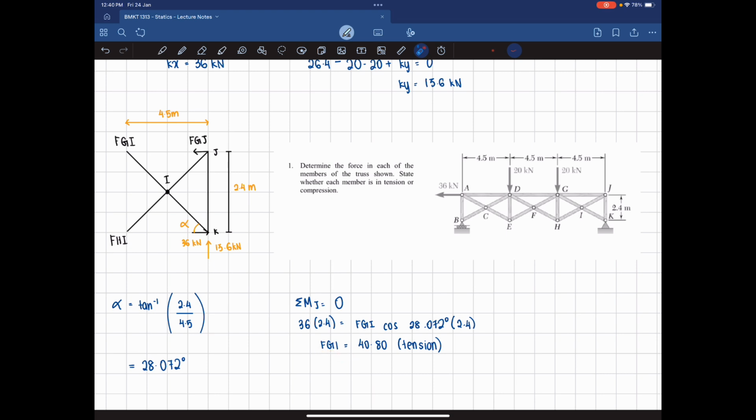If the value is positive, we will assume it is a tension force. If it is negative, we will assume the force is in compression.